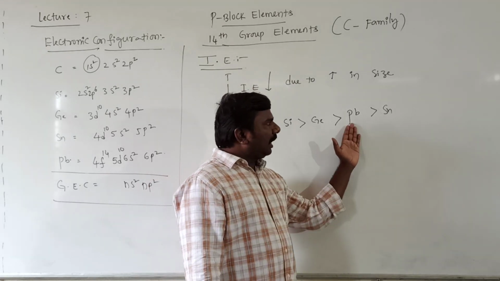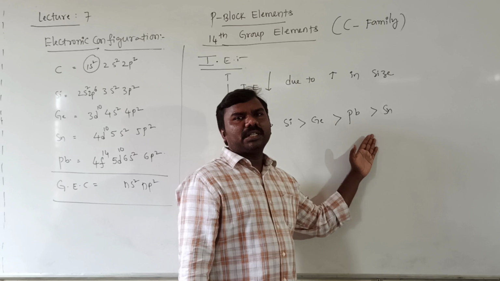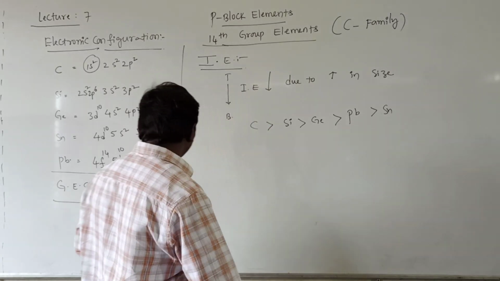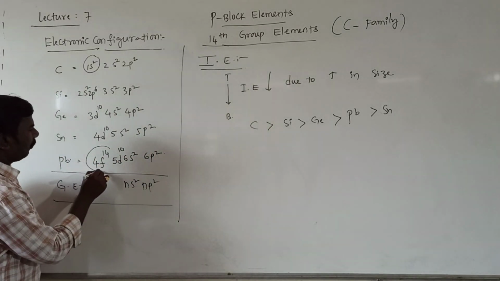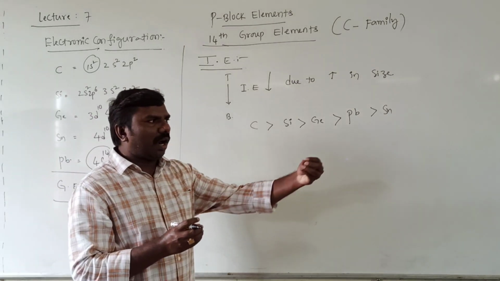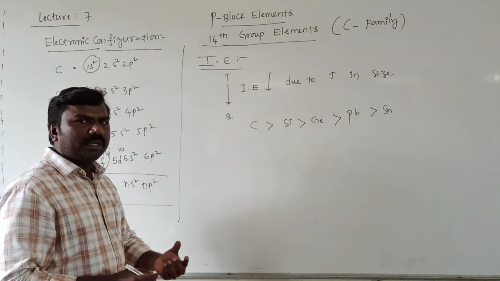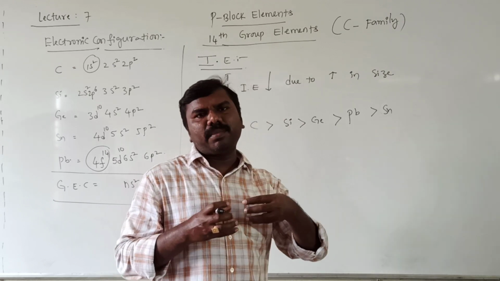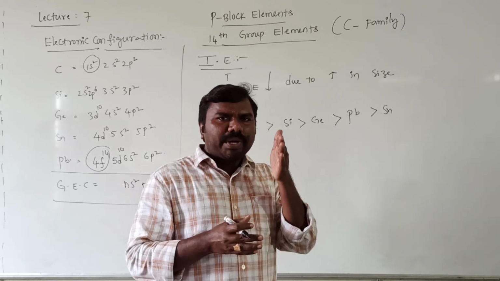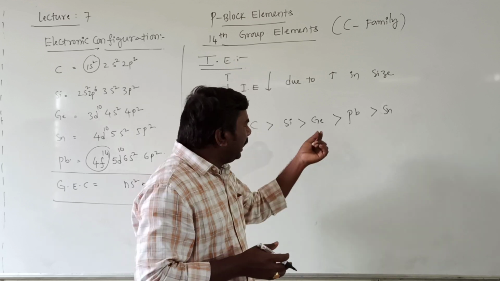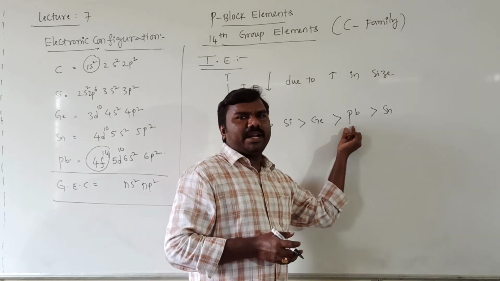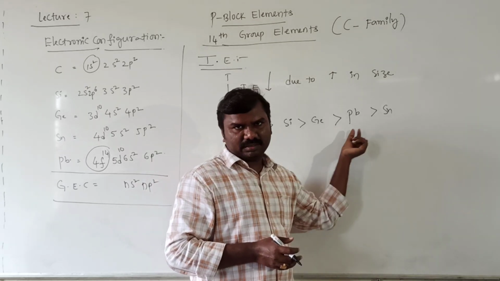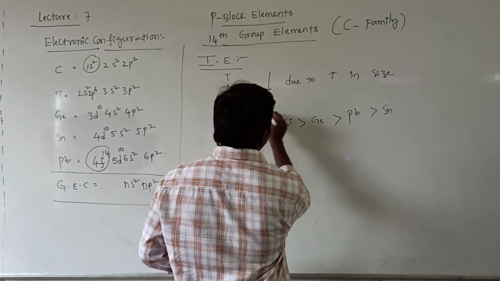But tin greater than lead is expected, yet I wrote lead greater than tin. Due to the poor screening effect of 4f orbitals, the outermost 6s2 6p2 electrons are strongly attracted by the nucleus. To break that strong attraction, a little more energy is required than for tin. So this is the right order, take it.